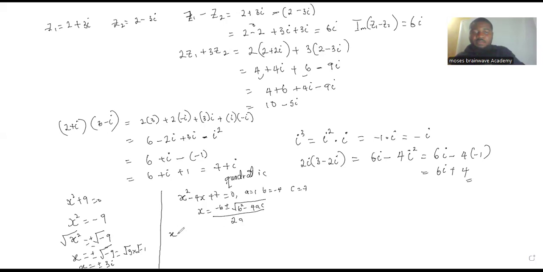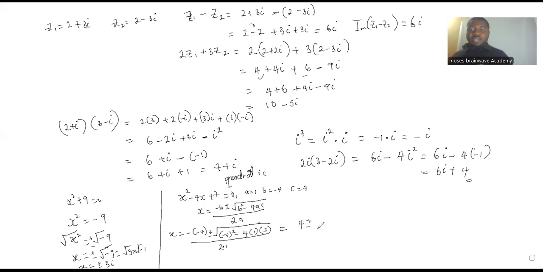So applying this formula, I have minus b, so we have minus -4 plus or minus square root of b squared, -4 squared, minus 4, then a is what? 1. Then c is what? c is 7. Fantastic. Then everything should be over 2a, a is 1, right? So I'll multiply it by 1. So what are we going to have here? We're going to be having 4 minus minus.